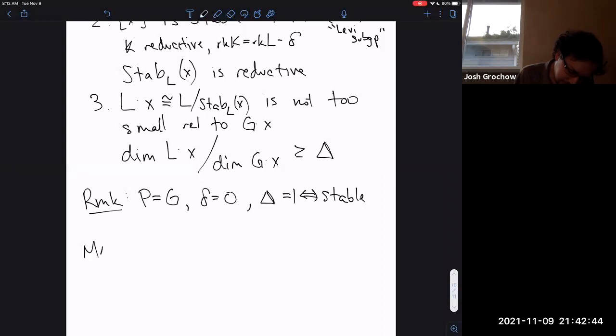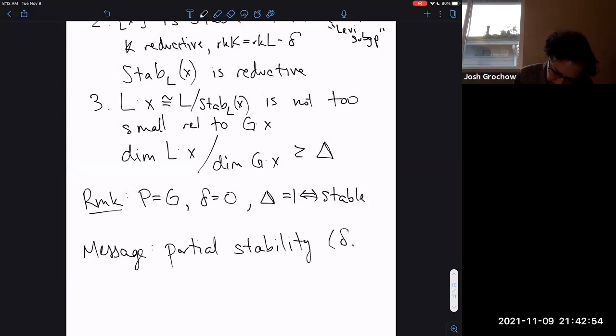So the message is, I guess I should say, partial stability, and in particular these 2 parameters, refine information within the null cone.